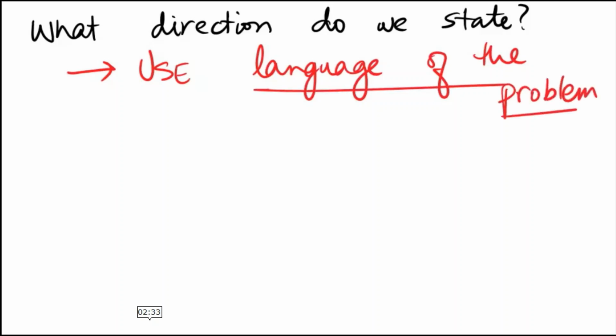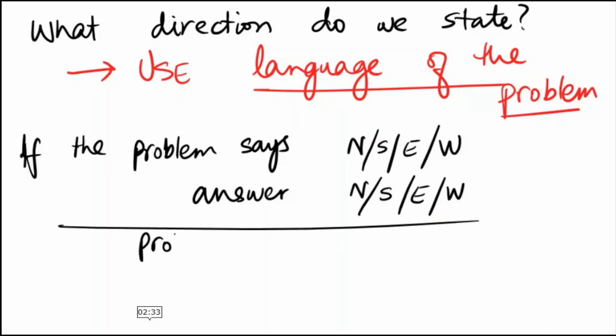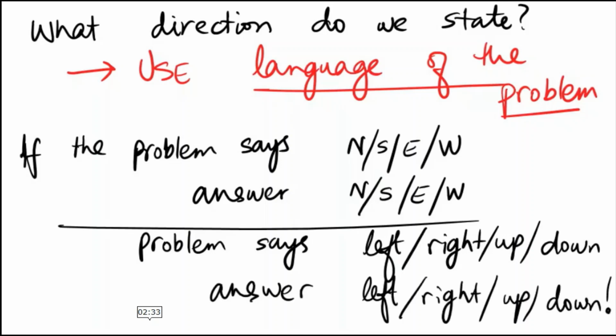What I mean by this is that if the problem uses the directions north, south, east, and west, in that case, your answer should also be stated in the same direction terms: north, south, east, west. If the problem says left, right, up, or down, you're going to follow the same rule and state your answer with the same direction terms as the question.